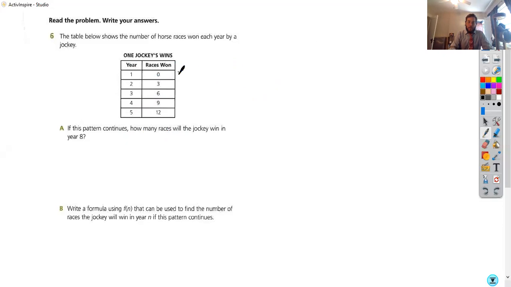If we're going through here, we can see that each year the wins are increasing by 3. From 0 to 3, we added 3. From 3 to 6, we add 3. 6 to 9, add 3. 9 to 12, add 3. So if we want to just use this pattern and have it continue, we can make our table continue with 6, 7, and 8.